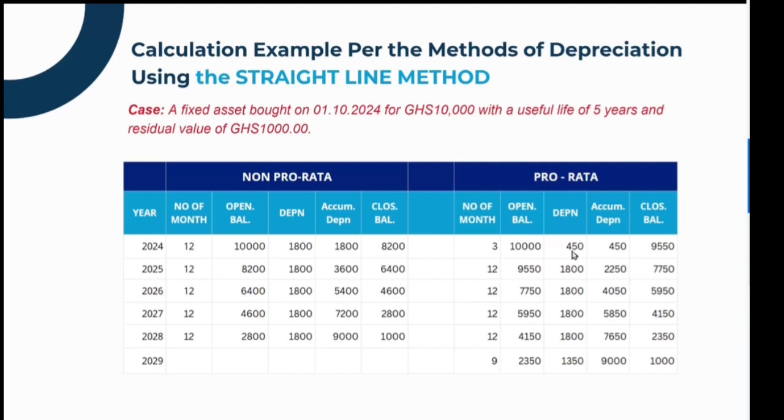That gives us 450. So in the last period or in the last year, you see that we had the excess of the 1,800 being charged for the 9 months also here. But you notice that throughout the year 2 to year 5, we have to charge the full year, which is the same amount, because this is on a straight line method.